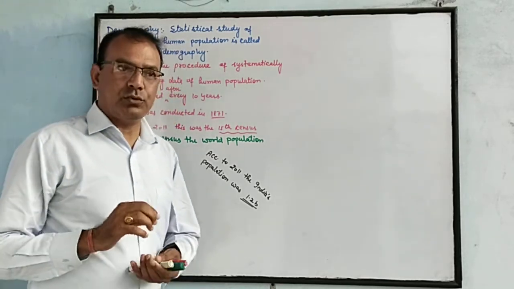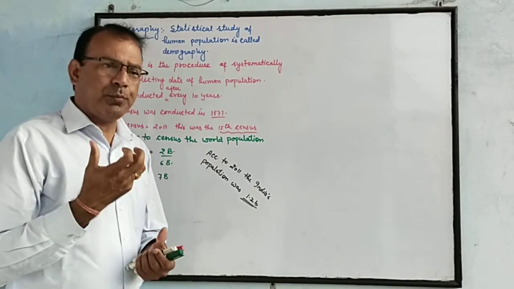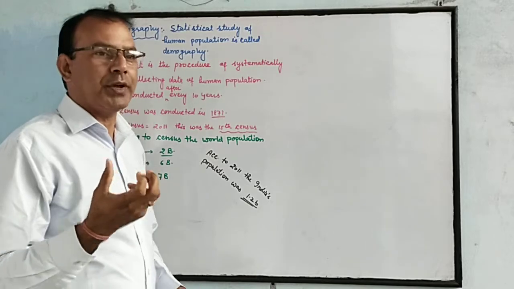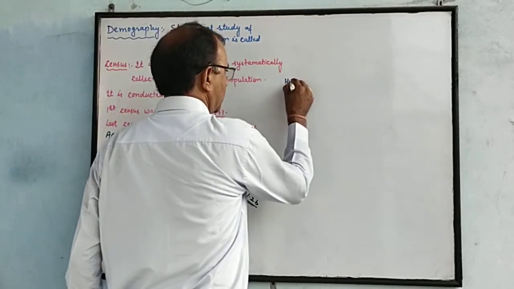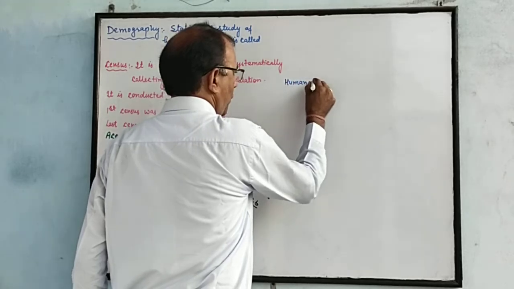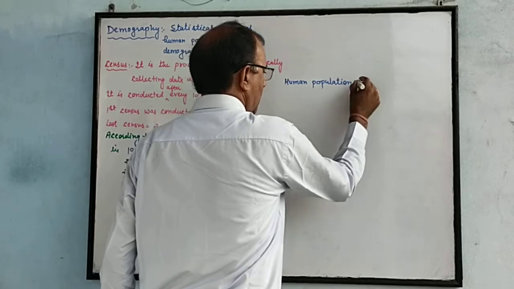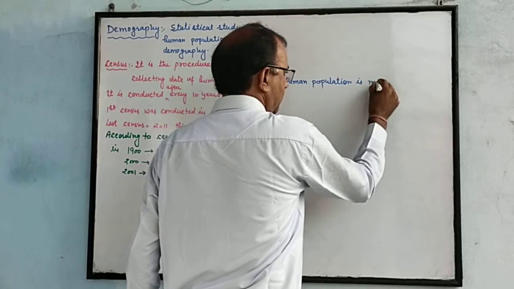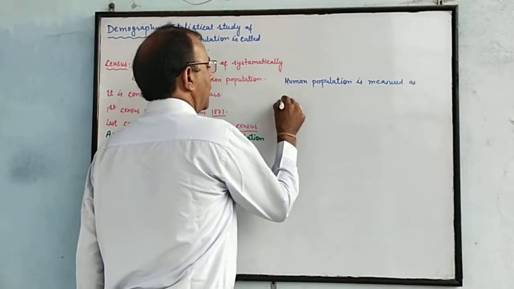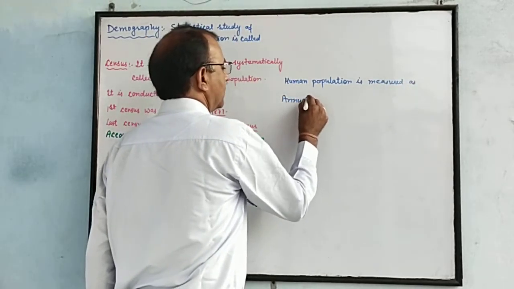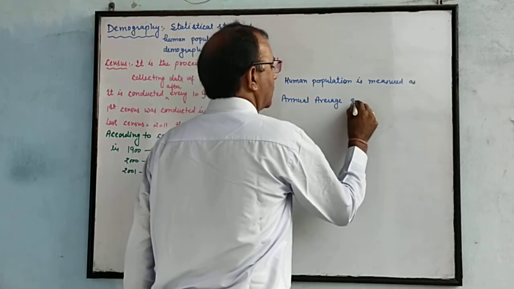Why is this census used and how can we calculate the human population growth rate? Human population growth rate in percentage, how do we calculate it? Human population is measured as annual average growth rate.